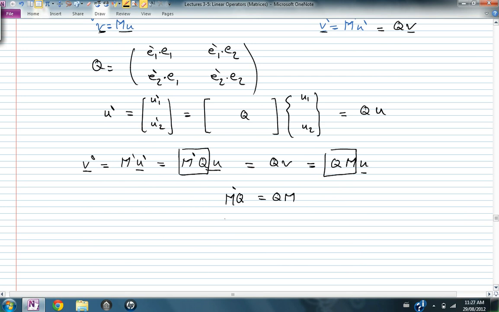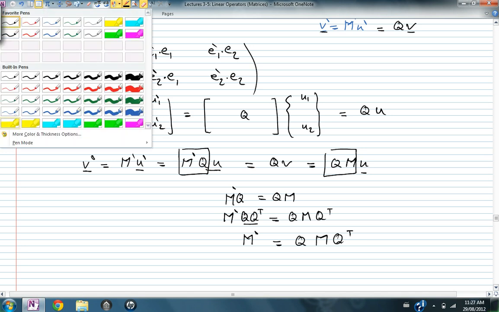If I post multiply by Q transpose, now I know that Q Q transpose is I, and these two relationships are the most important.